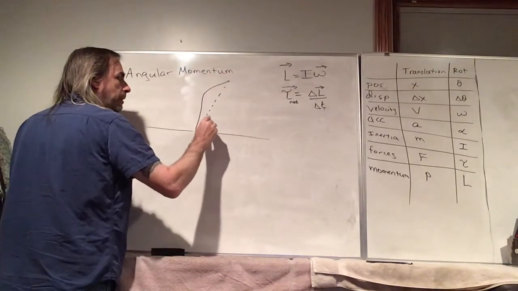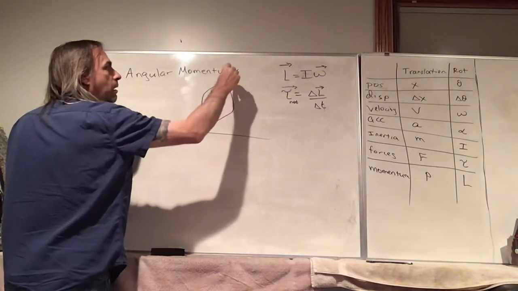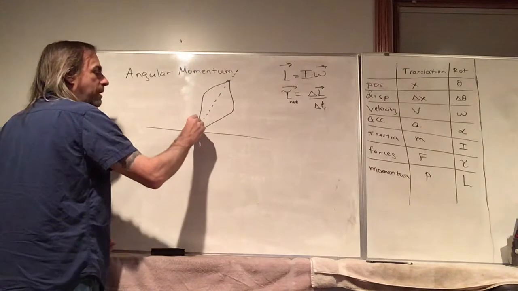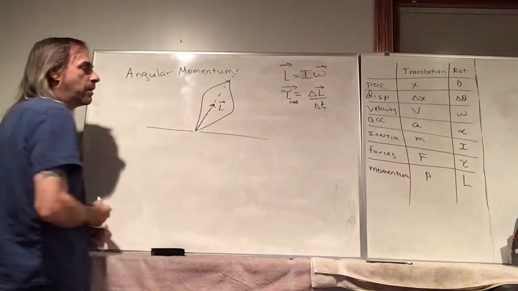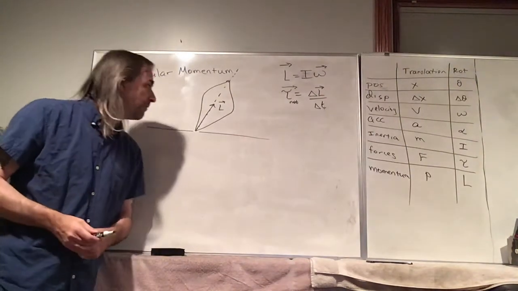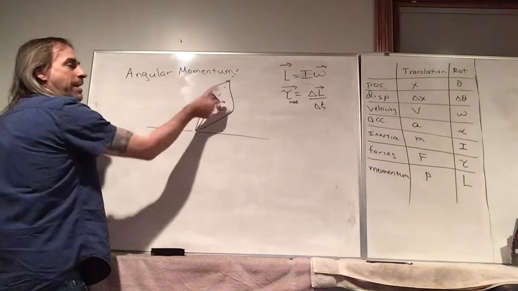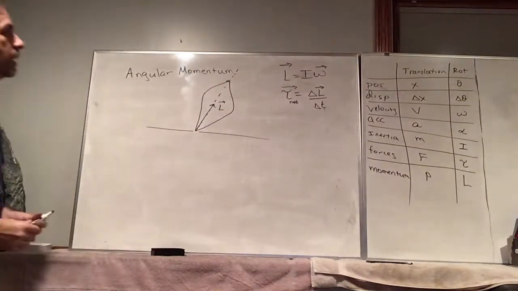So let's say this is a profile of our spinning top. And let's say the angular momentum vector is in that direction. So it's along the axis of rotation. And I drew it like it's spinning this way, right-hand rule, thumb points that way.